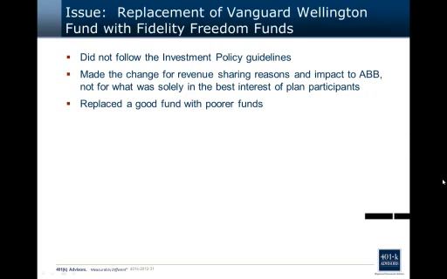They also replaced this fund with funds that had higher expense ratios and had revenue sharing, so that the impact to ABB was more significant than what it was done for the plan participants. And they ended up replacing a good fund with poorer funds. So again, because there was strict wording within the investment policy statement and executed document, and they didn't follow that document, they violated fiduciary responsibilities.